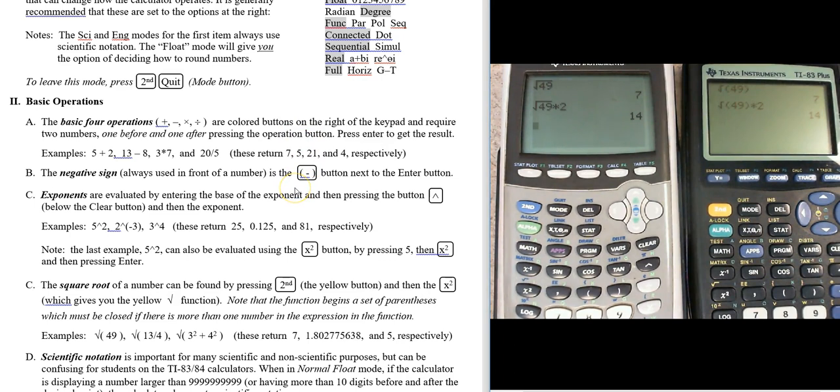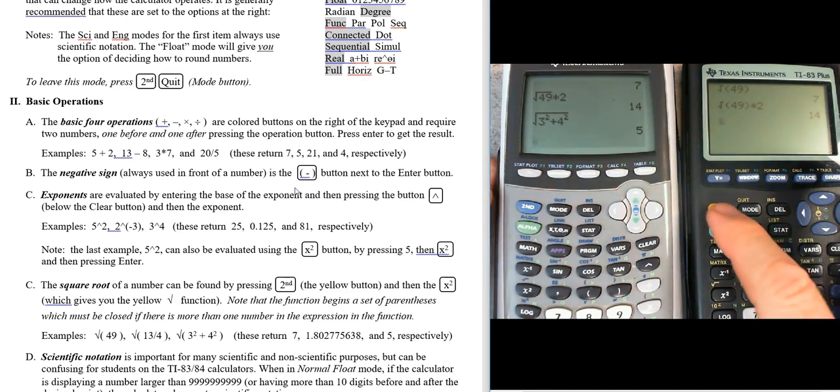Okay. Now if we wanted to do something like square root of 3 squared plus 4 squared, what is 3 squared plus 4 squared? Well, 3 squared is 9, 4 squared is 16, 9 and 16 make 25, so the square root of 25 is 5. Okay?